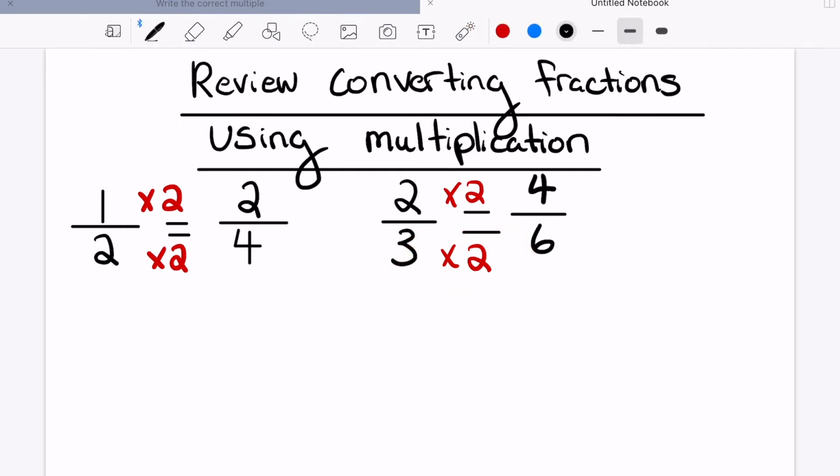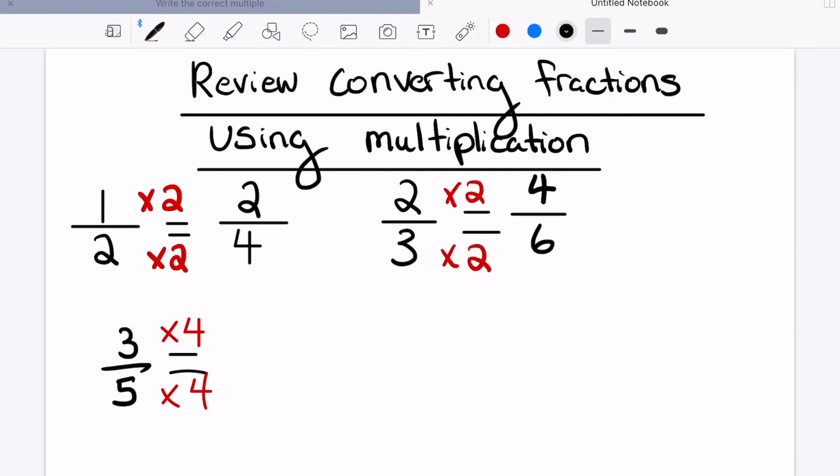So let's try another one. 3/5. And we want to find an equivalent fraction for 3/5. What can we do? Let's try times 4.